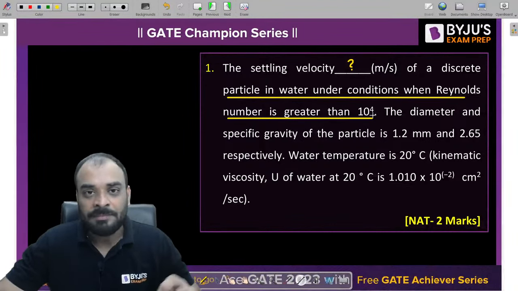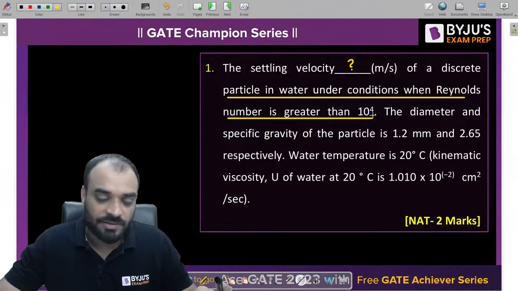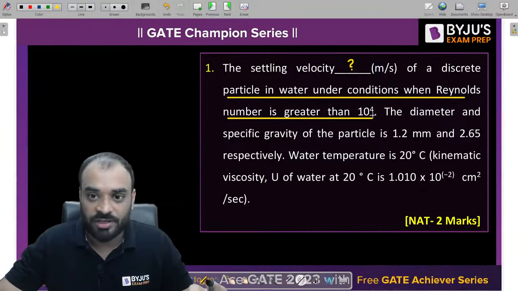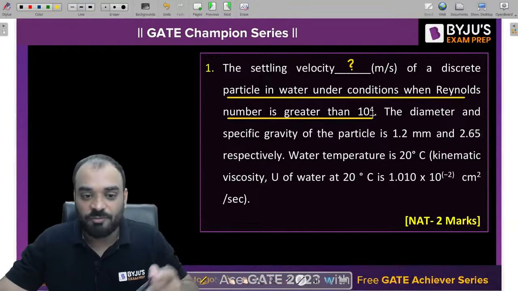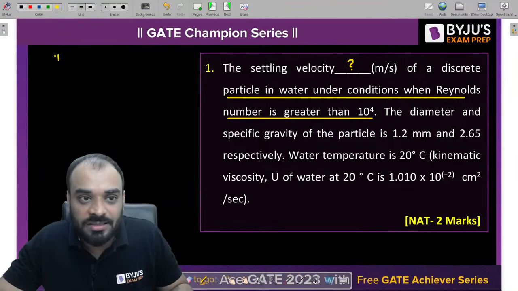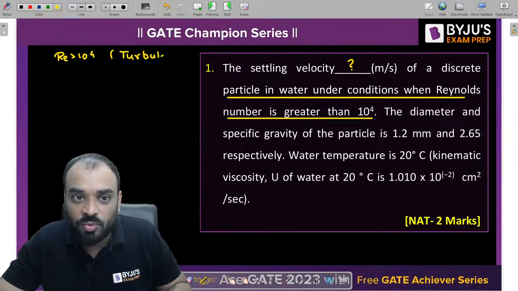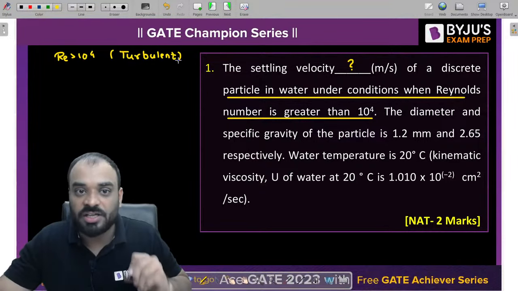Now you know that there are 3 types of condition: one is laminar, second is transition, third is turbulent. In this case the Reynolds number is greater than 10 raised to power 4, which means it is our turbulent condition. So we need to use the formula for the turbulent condition.